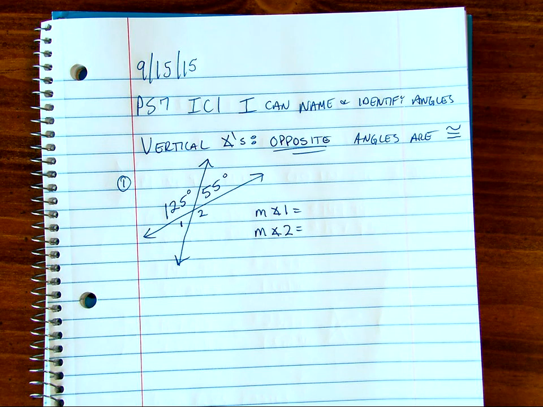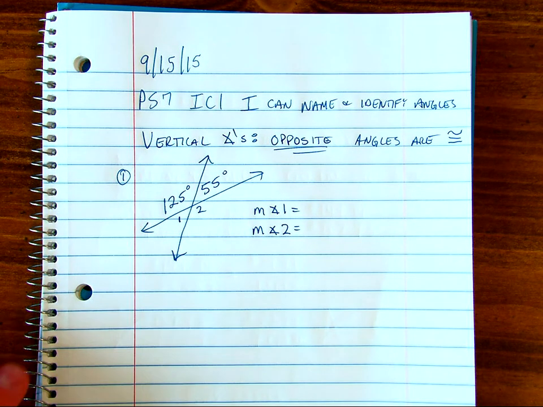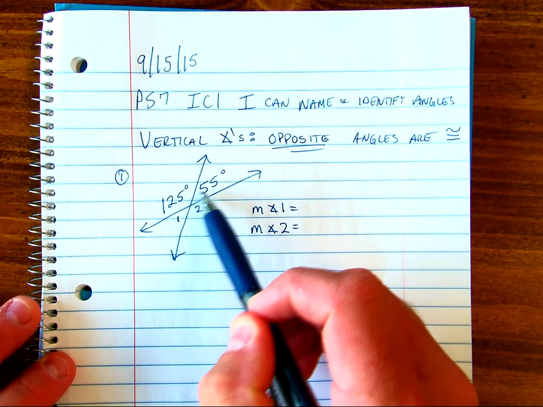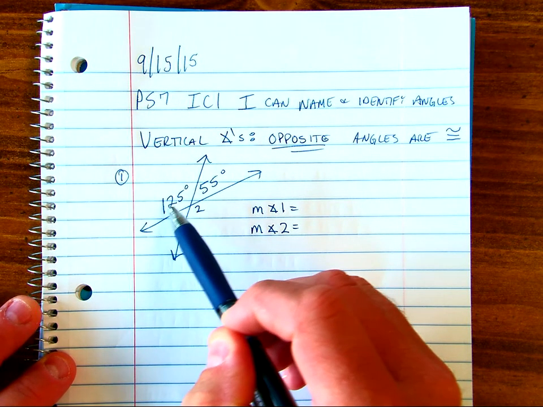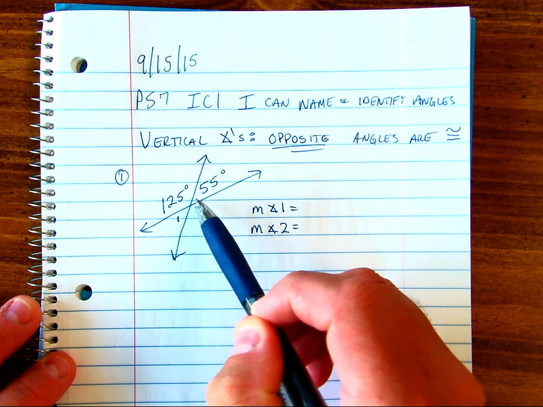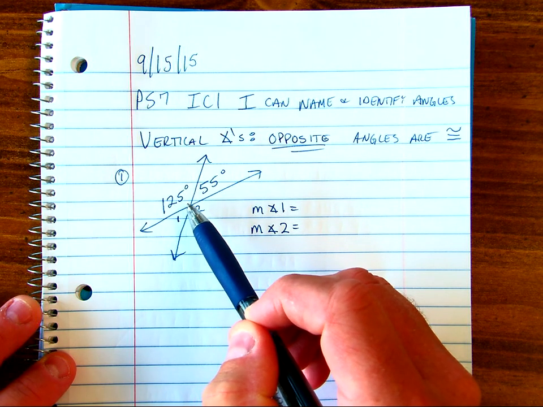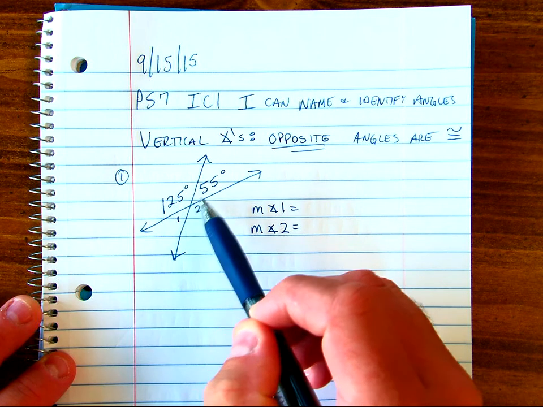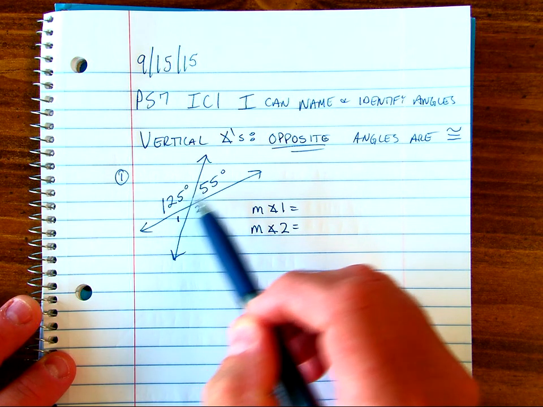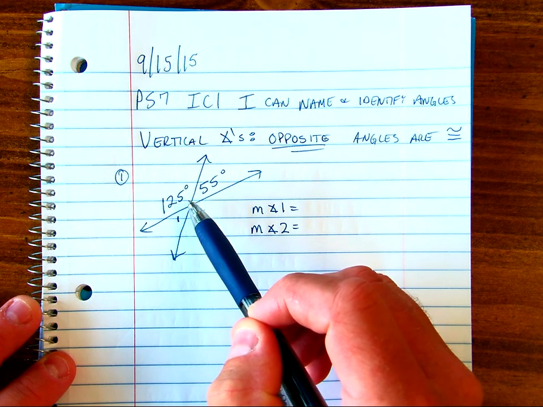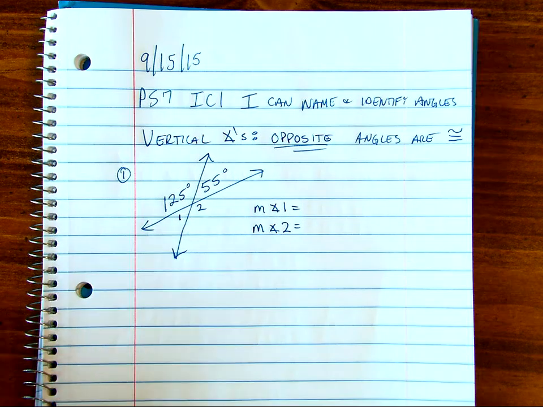Right. And Destiny, what's so special about these 2 angles? Well, what do they come out to when you add these? 180. Good. Very good.